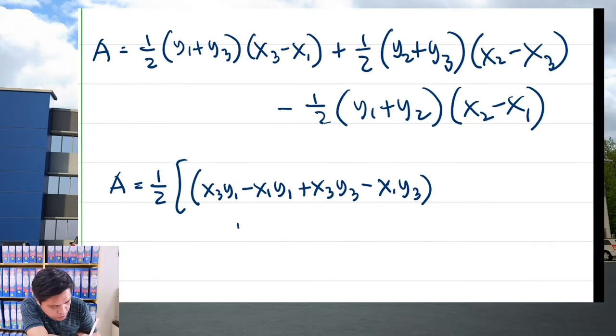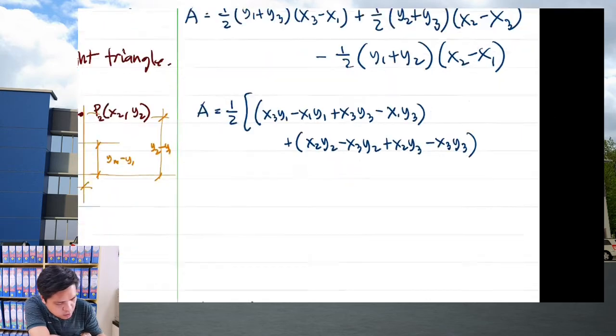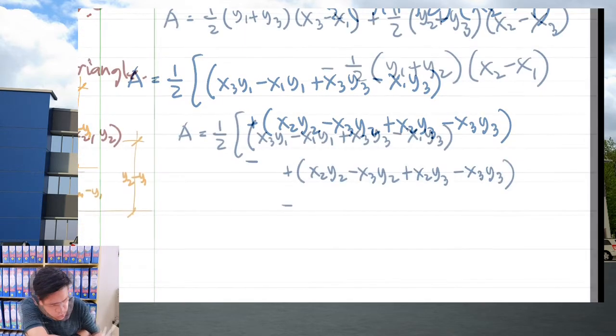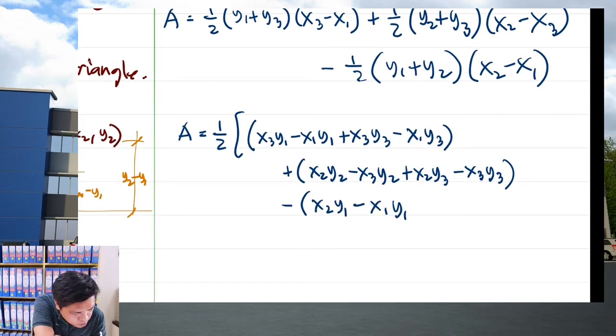So plus x2 y2 minus x3 y2, then plus x2 minus x3 y3. And then we'll proceed to the next, minus x2 y1. So let me check that again. Plus x2, then minus x1 y2.